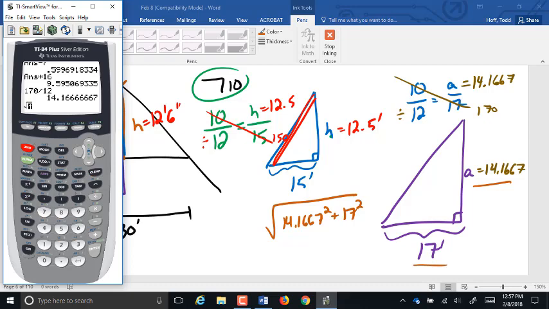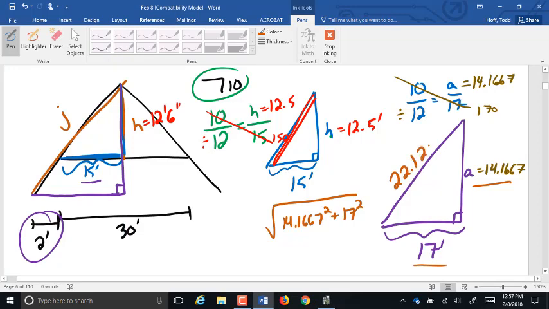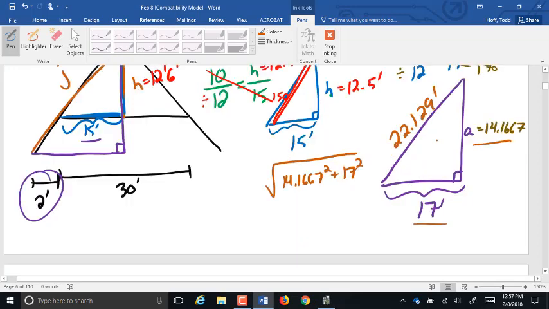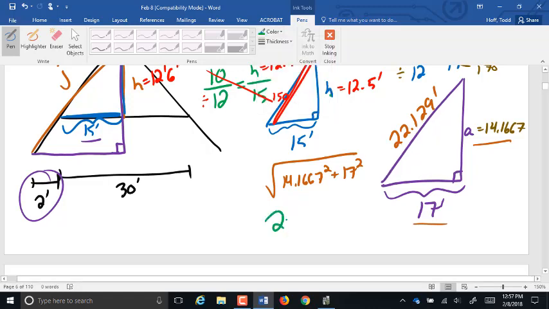I'm going to use the answer key to enter that in as the answer squared. So it's the square root of the previous answer squared, so I don't have to type that back in and round it off, plus the 17 squared. And it gives me 22.129 feet. Well, again, we're going to list that as 22 feet.